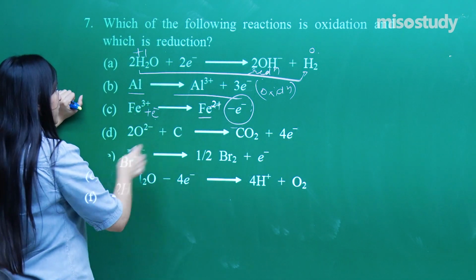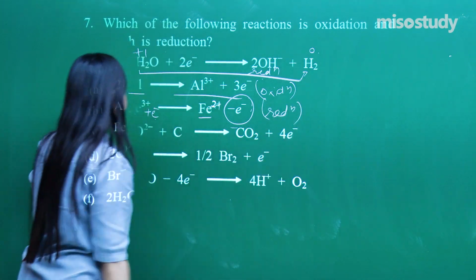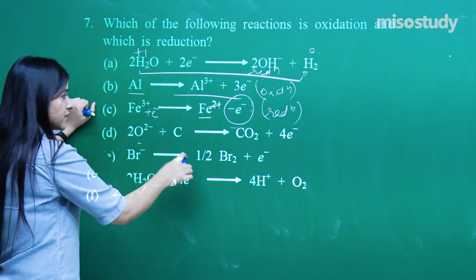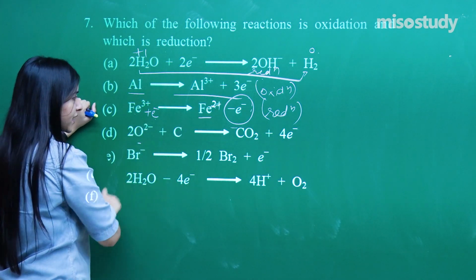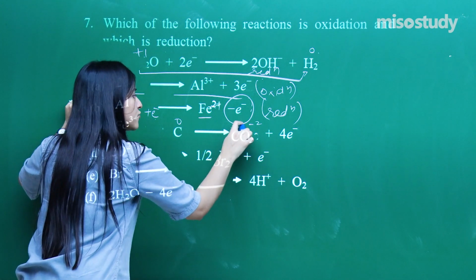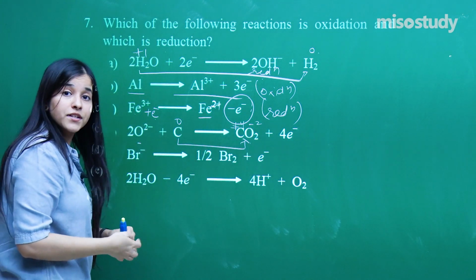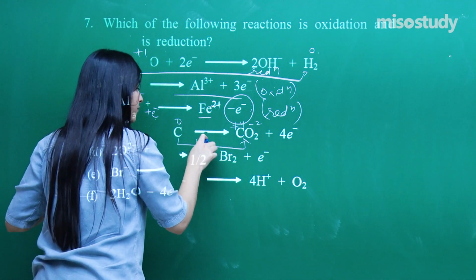So this is a reduction process. Oxygen now, O2- was there earlier. Carbon 0, carbon +4. Got it? What is it now? It's the oxidation process which is happening.